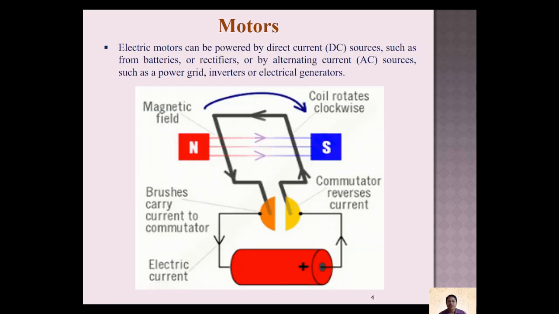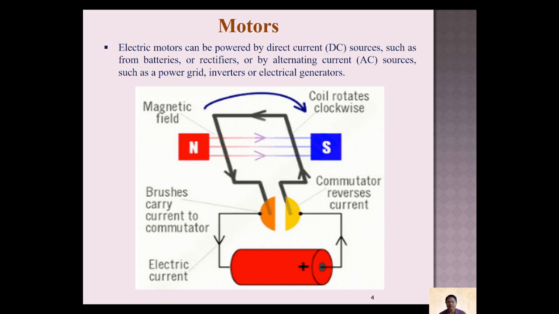If you talk about the motor, the basic principle of operation is very well known: a north pole and south pole magnet are there, and there will be flux lines between them. If a conductor cuts the magnetic field, an EMF, that is electromotive force, will be induced.